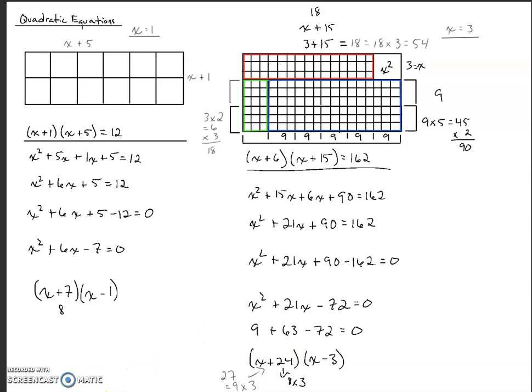So notice how this number gives us 8 times 3, but this adds up to 27, which tripled. So it's just a different way to look at quadratic equations and to break them down. And that's it.